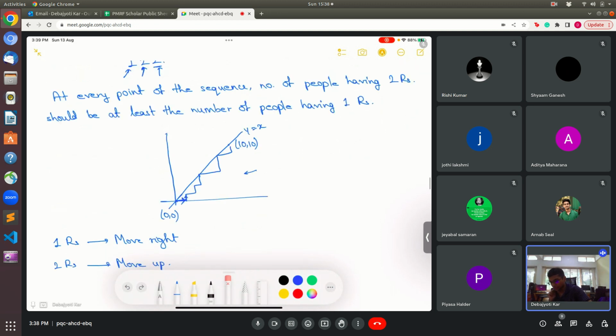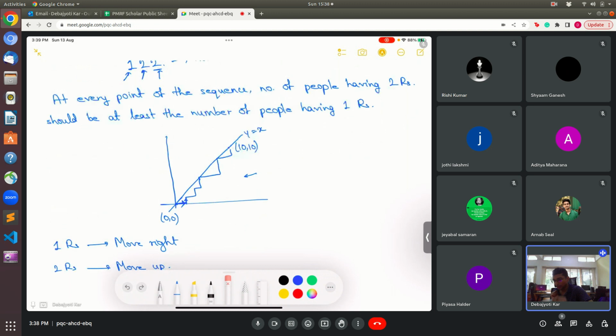So this condition, that at any point the number of people having 2 rupees is at least the number of people having 1 rupee, exactly says that we have to move from (0, 0) to (10, 10) using lattice paths, and at no point cross the line y equal to x, right?